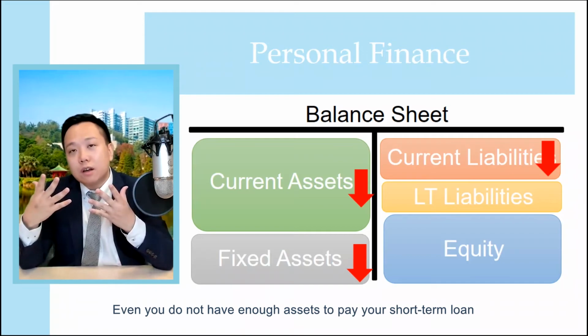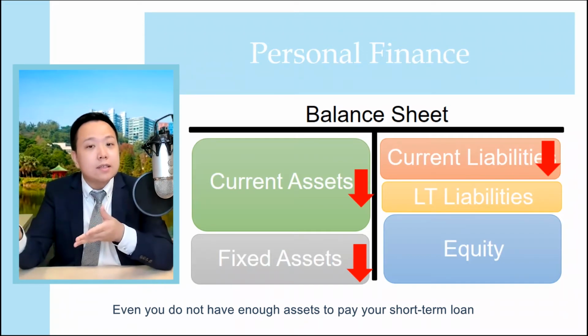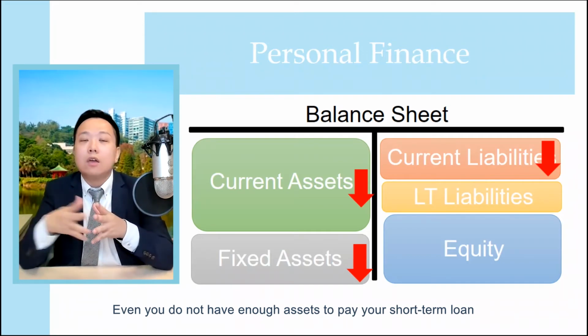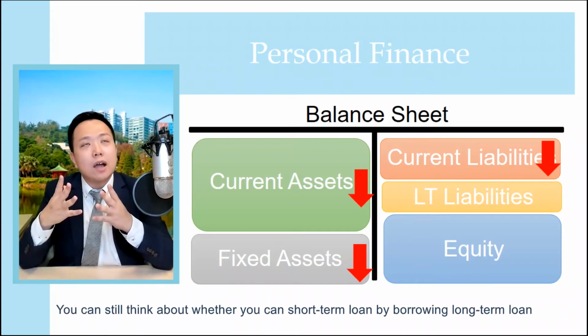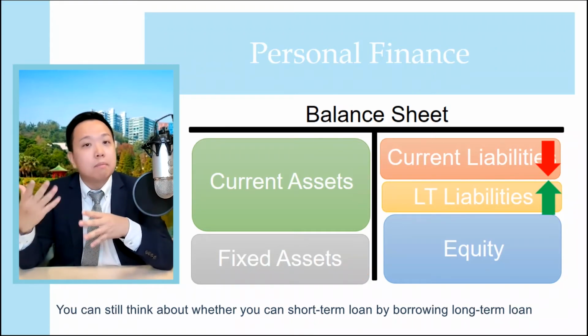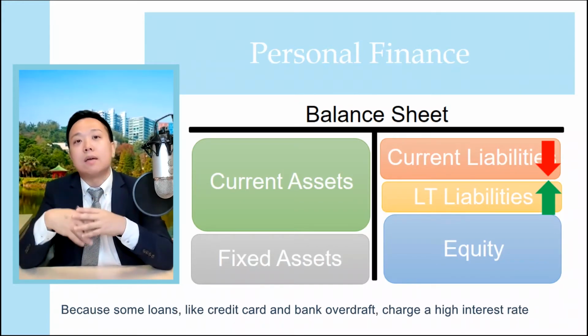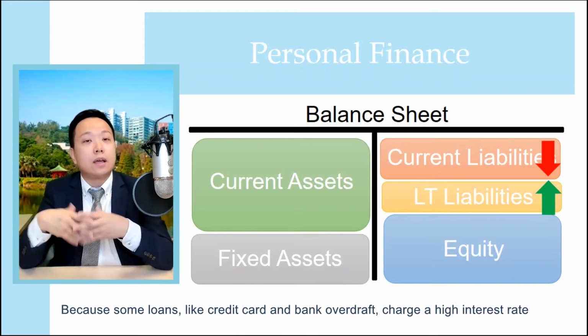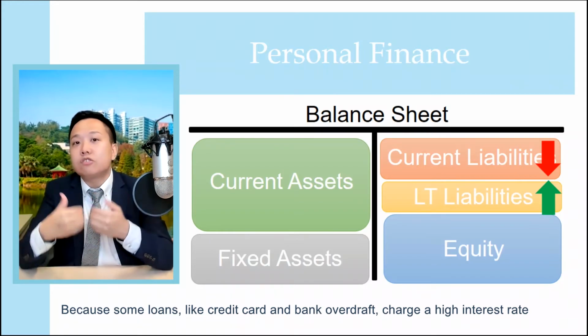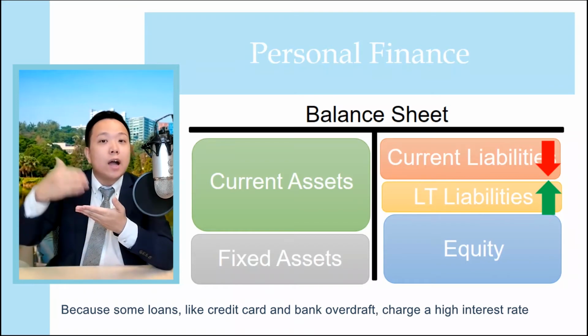So even if you don't have enough assets to pay back your short-term loan, you can still think about whether you can finance it by borrowing long term, because some loans like credit cards and bank overdrafts are quite short term. They charge an interest rate that is quite high.